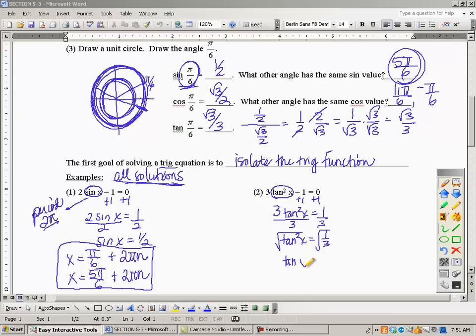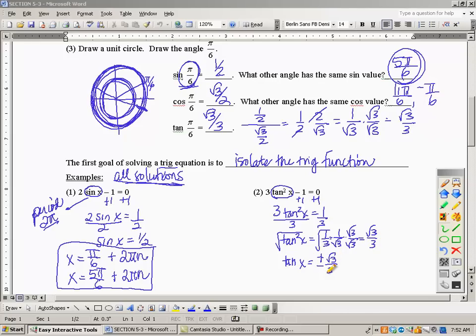Now, I get the tangent of x equals, now every time you square root, you should have a plus or a minus. And if I break this apart, the square root of 1 is 1 over the square root of 3. And I don't necessarily like this, so we're going to rationalize. So we're looking for the square root of 3 over 3.